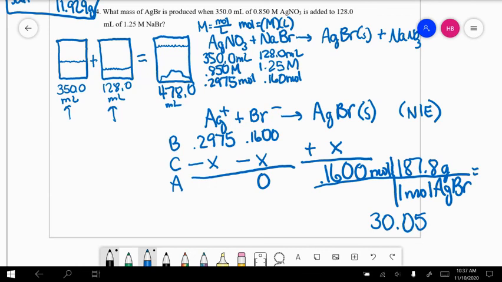How many sig figs? 3. So it was 30.048, so it's going to be 30.0 grams of silver bromide.